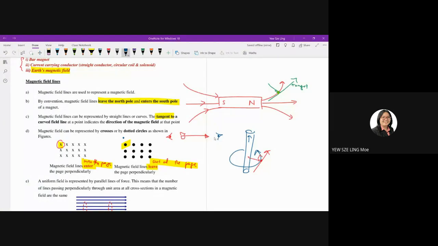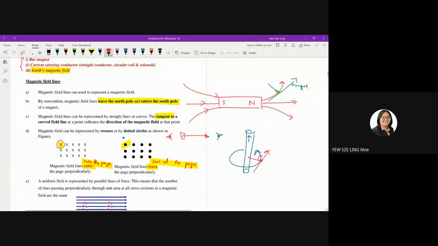Okay, when it is pointing towards you, what you observe from the front is just a dot. Okay, the arrow and then the metal around the tip. You will see a circle when it's pointing towards you. So out of the page basically means it is coming towards you. Into the page means it is away from you. Okay, in other words, that is what you are going to observe.